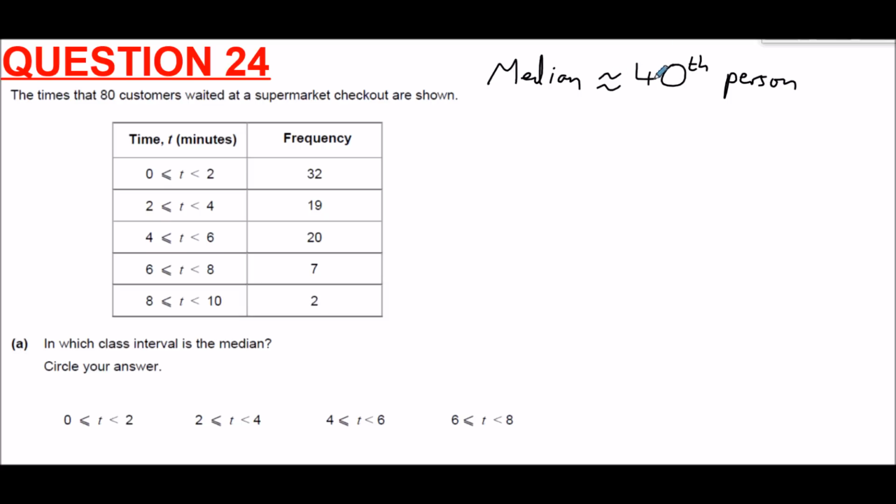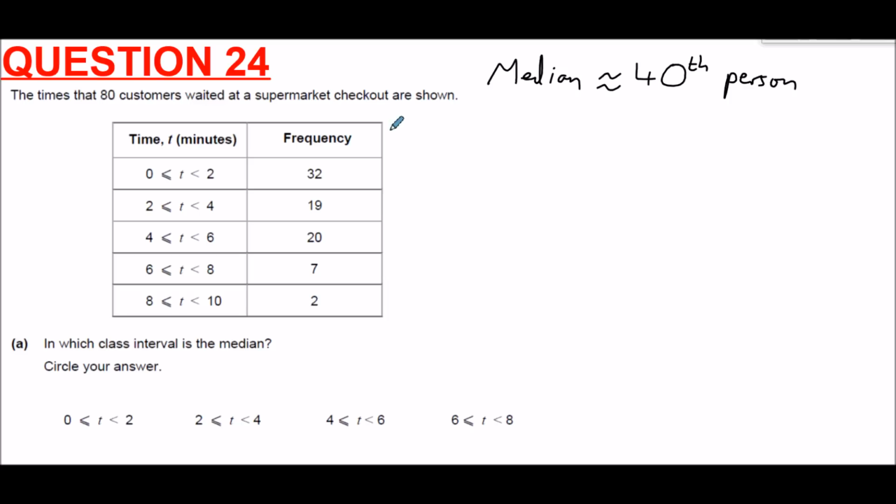It'd actually be in between the 40th and 41st, but forget that for a second. Median just means halfway along, so for a big number, it's about 40. Half of 80 is 40.